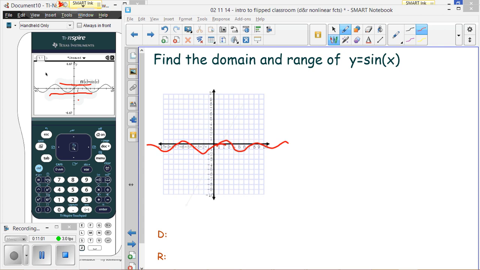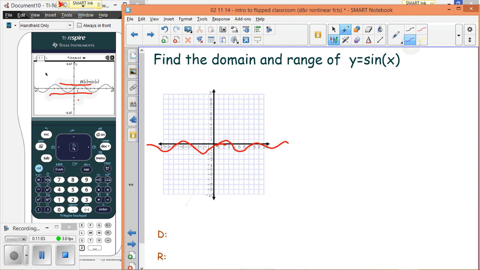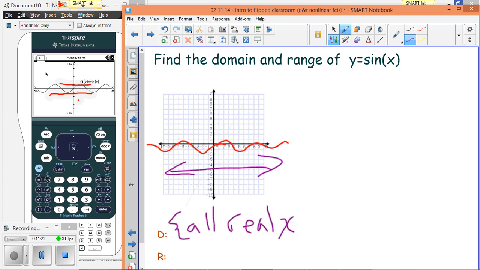Make sure that when you draw it on your paper, the lines do not go above or below -1 and 1. Okay, and now all we have to do, once we have graphed this periodic function, that's a trig function, you will learn about this in future courses, is figure out what is my domain, the x values. Looks like they can go on forever, so I'm just going to go ahead and say all real x. And my y values, I can only go up as far as 1 and down as low as -1.